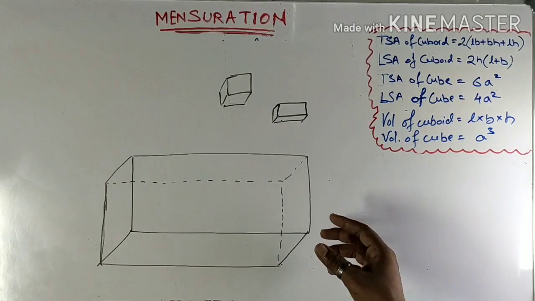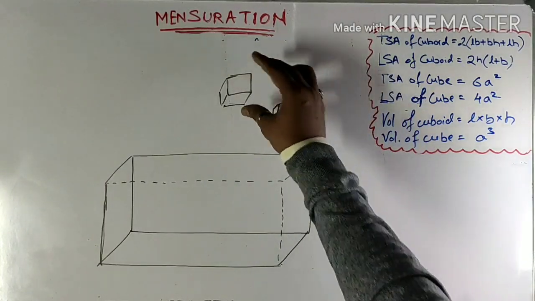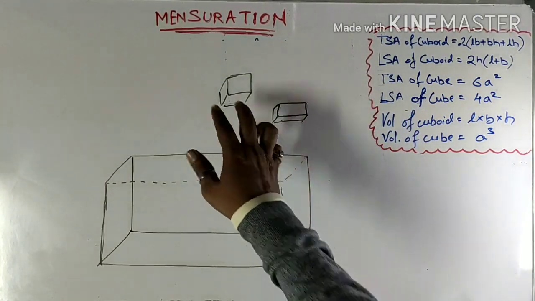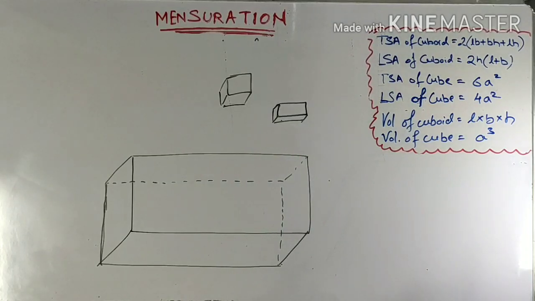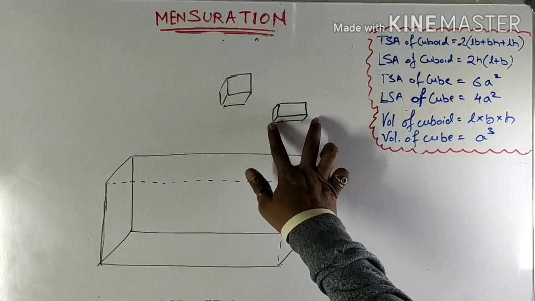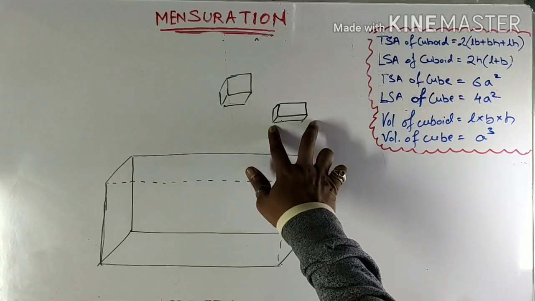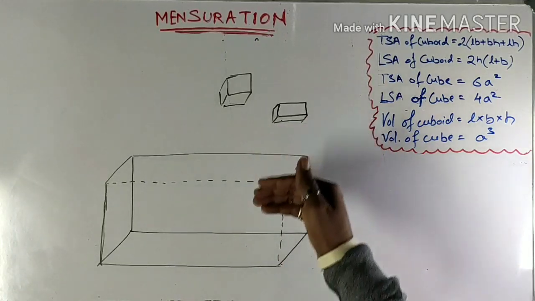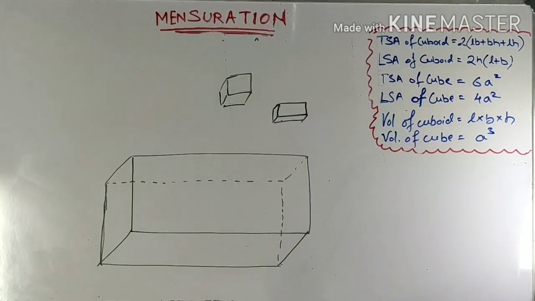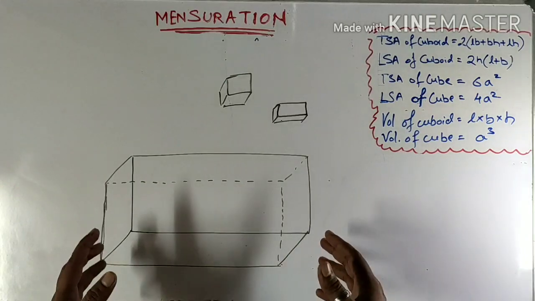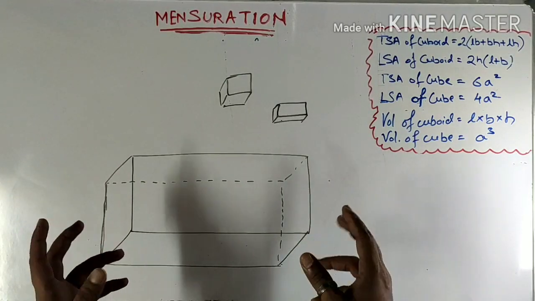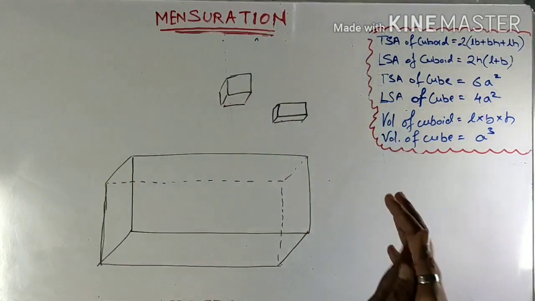I am supposed to find how many small boxes, whether cuboidal or cube, depending on the sum, will fit into this exactly without leaving any space. In that type of sum also, we use the formula that we discussed in the previous sum, where we melt a larger object into smaller objects.